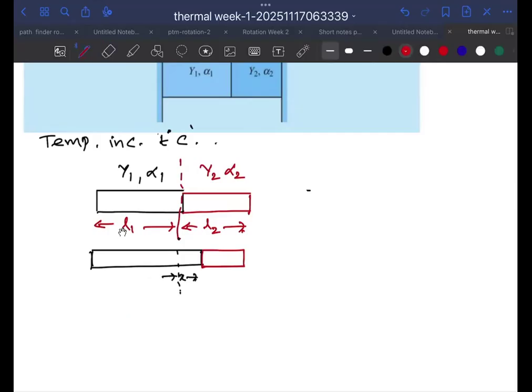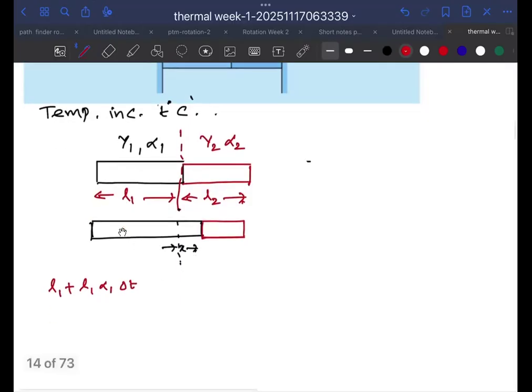L1 plus L1 alpha 1 delta t is supposed to be the final length. But it is L1 plus x now. So there is some stress.